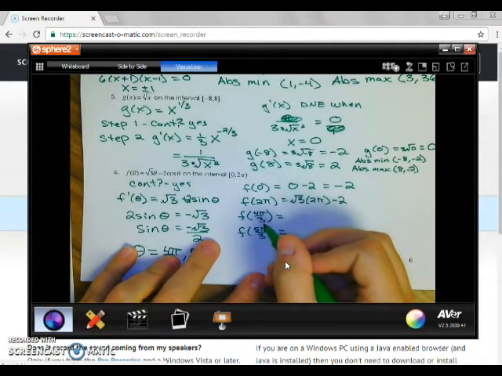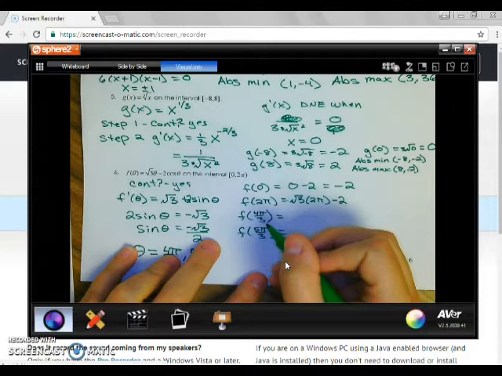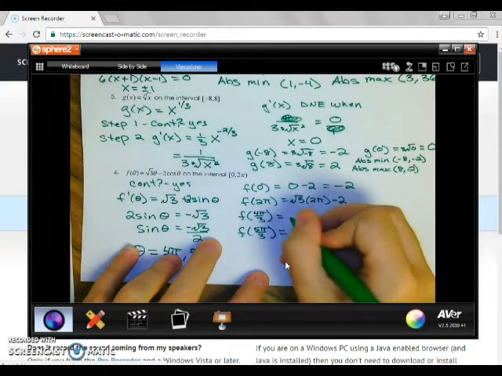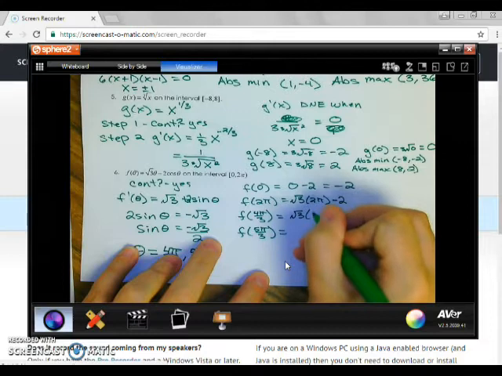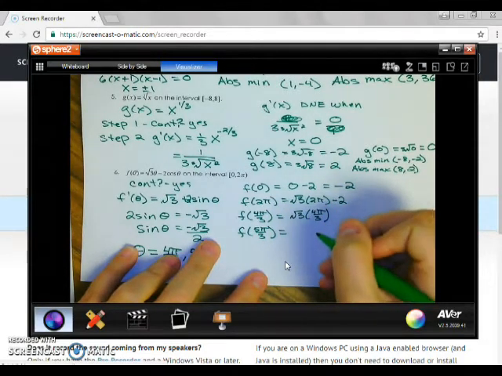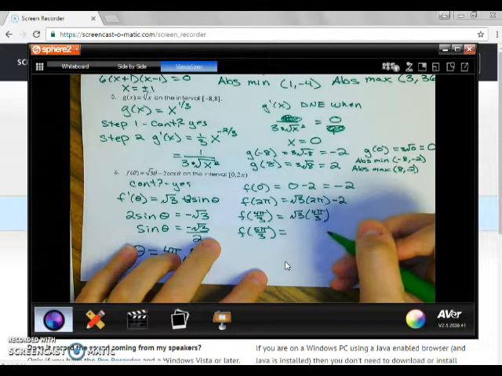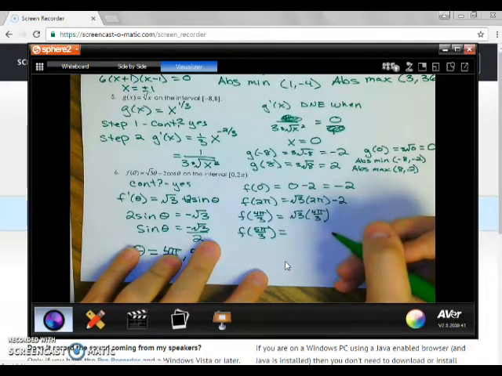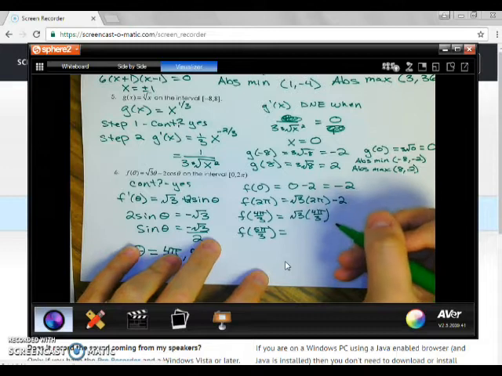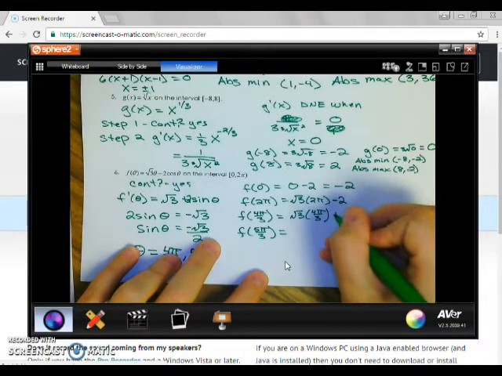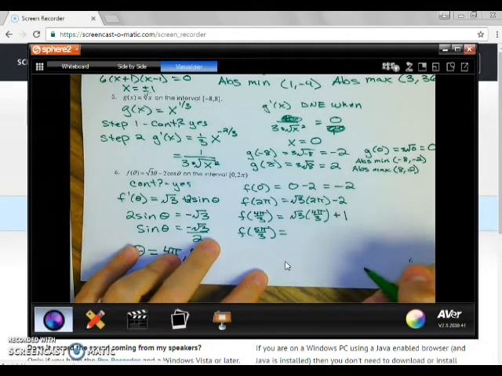When I plug in 4 pi over 3, it'll be radical 3 times 4 pi over 3. Again, I'm just going to leave it like that. And then when you evaluate cosine of 4 pi over 3, that's going to be negative a half, times negative 2 is going to be a positive 1.